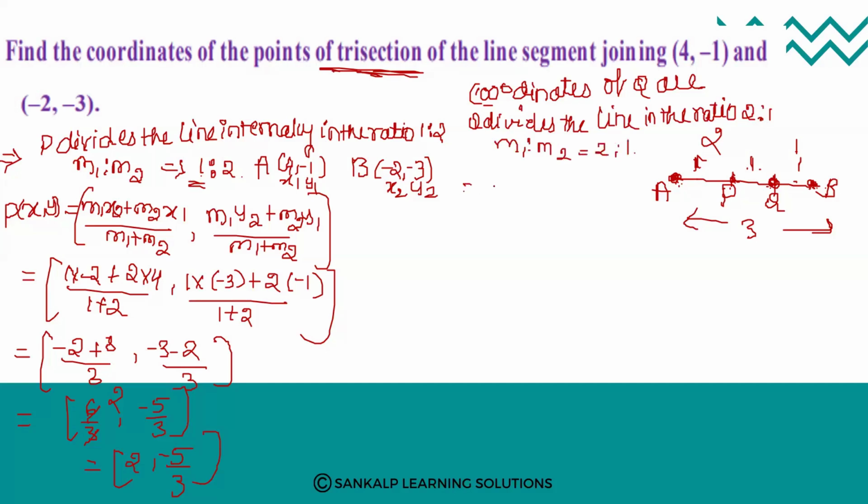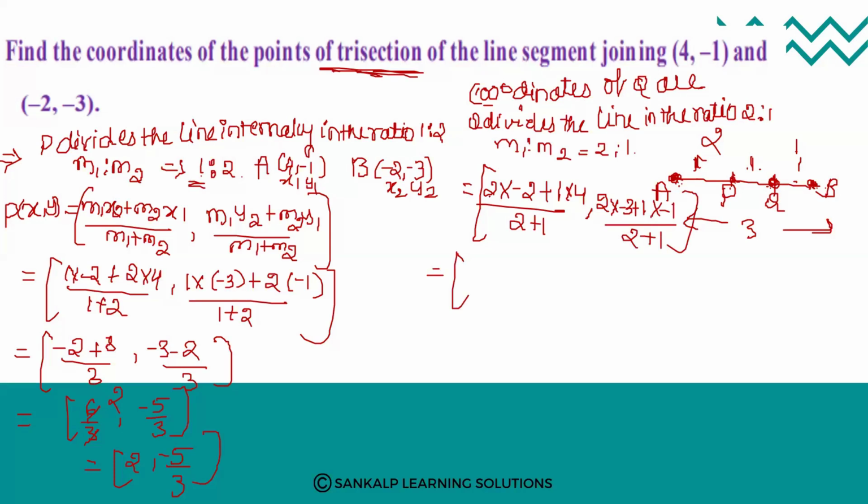By applying the section formula: m1 value is 2, x2 value is -2, plus m2 value is 1, x1 value is 4, divided by 2 plus 1. Like that, m1 y2, m1 is 2, y2 value is -3, plus m2 y1, m2 is 1, y1 value is -1, divided by 2 plus 1.